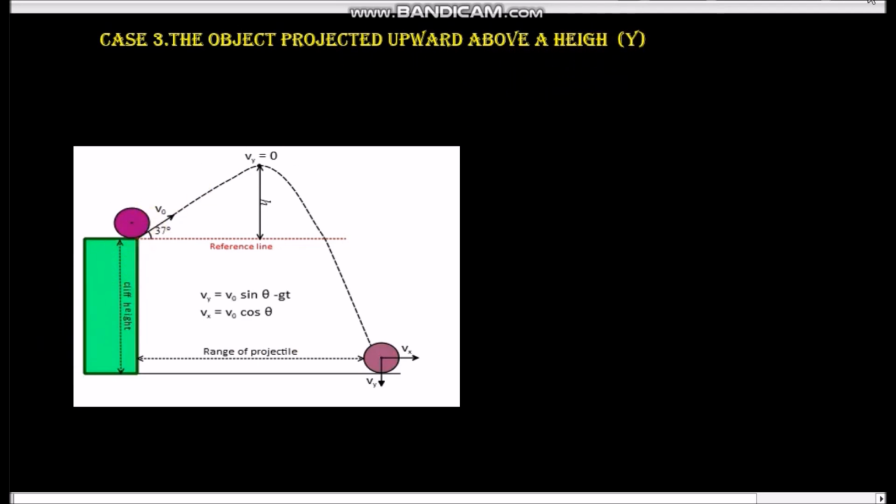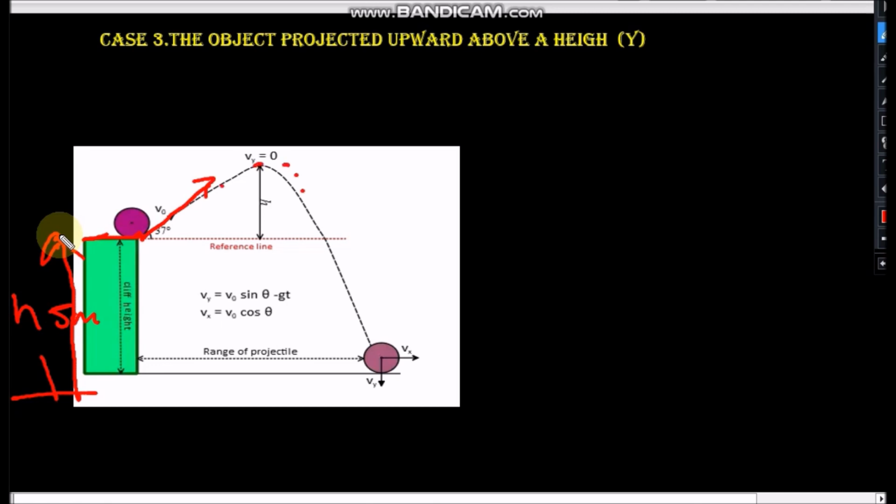That means we assume we are at a certain height from this point to this point, for example, 5 meters. Then from this height, the object is projected upwards, like this, and then goes down. This is the third case.